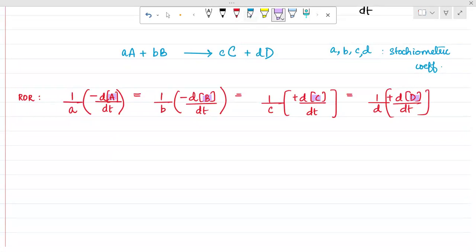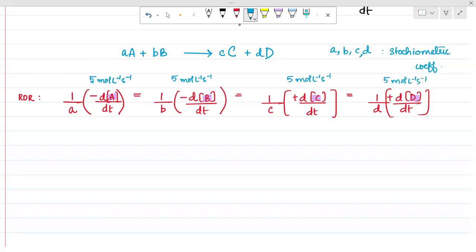Please understand. For example, if you got the rate with respect to A as 5 moles per liter per second, with respect to a different species, let's say B, this will also be 5 moles per liter per second. With respect to C also, it's going to be 5 moles per liter per second. With respect to D also, 5 moles per liter per second.